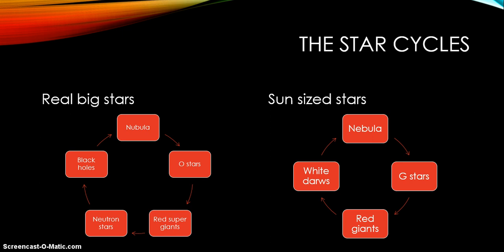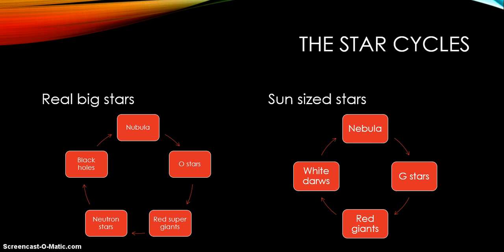And then it'll swell to a red supergiant, as big as out to Saturn. Then it'll squish into a neutron star. Then it will go into a black hole, and it will stay that way. We don't know how supermassive black holes form, but we think it might be from O stars, dead O stars, just joining together.